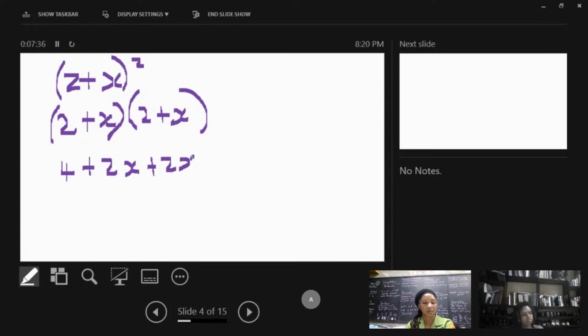And x times x is x squared. So we put the like terms together. So it'd be 4 plus 4x plus x squared, because the 2x plus the 2x would be 4x.